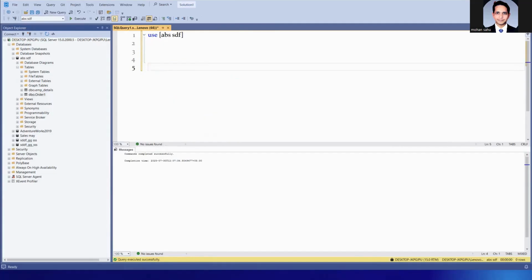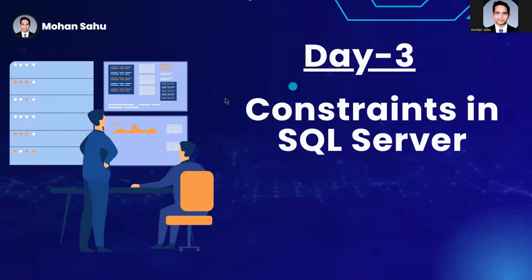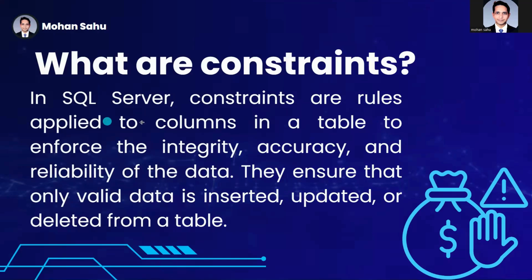So there are other ways, for example constraints, how we can use the constraints. So let's move back to the slides and we will see what the constraints are. Okay, so what are constraints? As the name suggests, constraints are something called limitations, right?